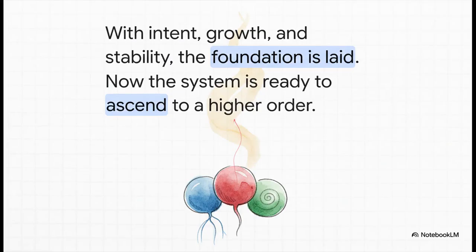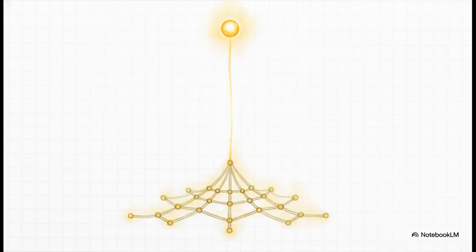All right, so let's take a breath here. With those first 3 seeds, intent, growth, and stability, the foundation is totally set. But this is where things get really interesting. The system is about to go from just functioning to ascending to a whole new level. And that brings us to seed number 4, the solar ascension thread. I love that name. If the first 3 seeds built the house, this one is flipping on the lights.